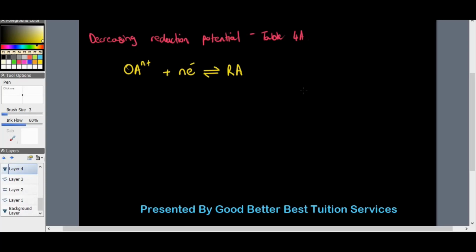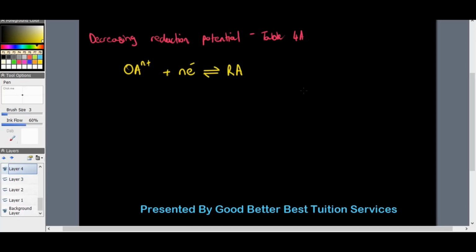You know me, I mix up my words sometimes on a Monday. The strongest reducing agent is at the bottom. So the half cell with the most negative reduction potential is at the bottom, and the strongest oxidizing agent is at the top. Therefore, the half cell with the most positive reduction potential is at the top.